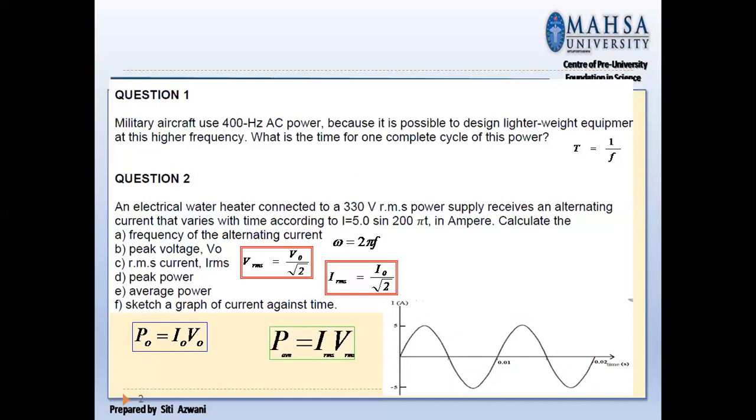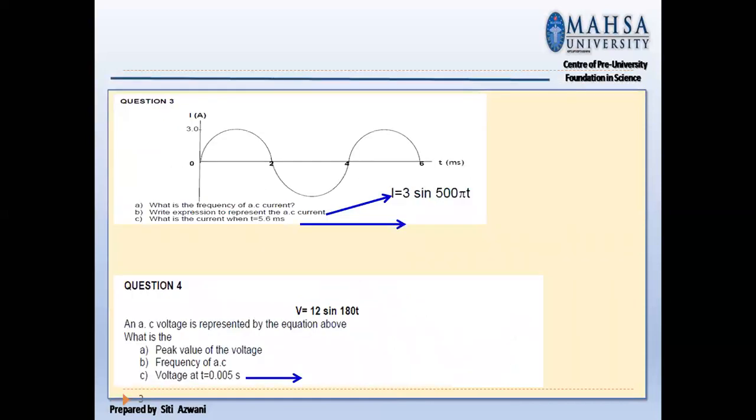Is it okay? Next, question 3, question 4. For question 3, you are given the graph, so you need to find the values from your graph. You have a maximum current of 3 ampere. You have one complete cycle, the period, of 4 millisecond.